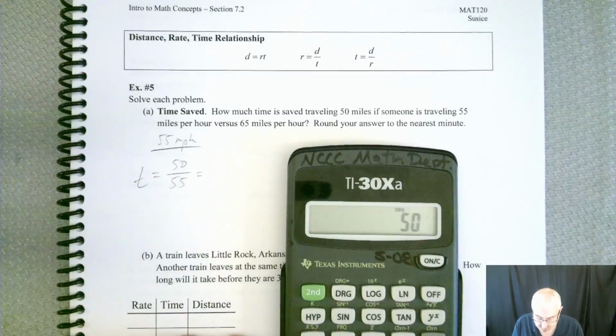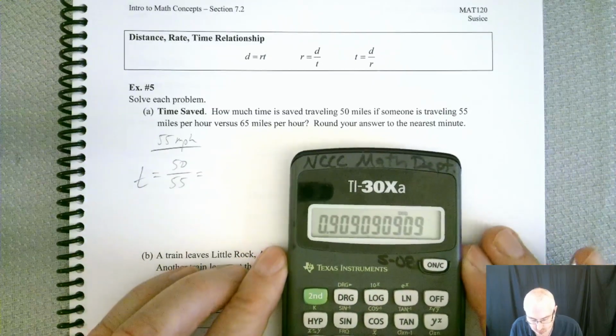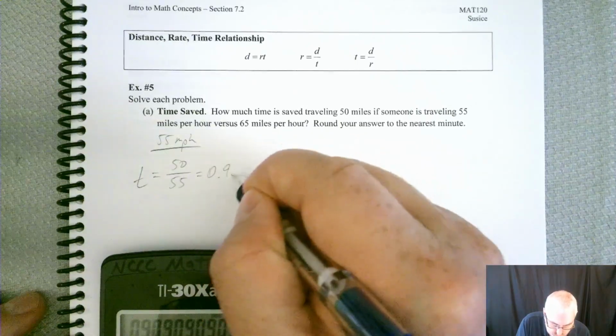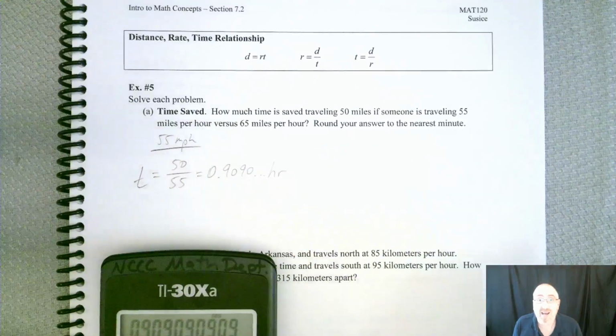So we got 50 divided by 55 equals 0.909090. Now the one thing to keep in mind is that that's in hours. So if we want to change this into minutes, well, how many minutes in an hour? Yeah, 60.